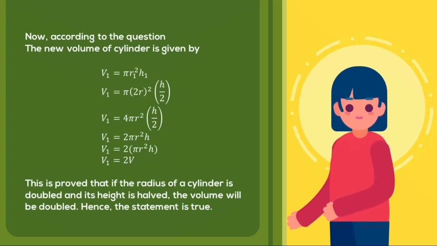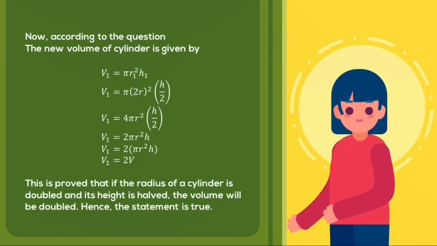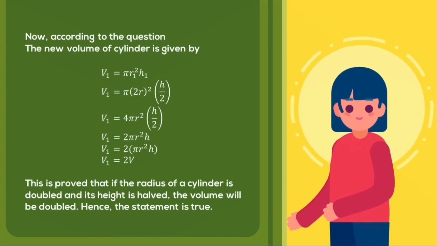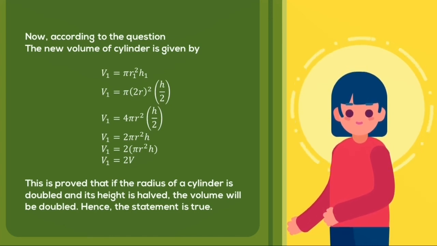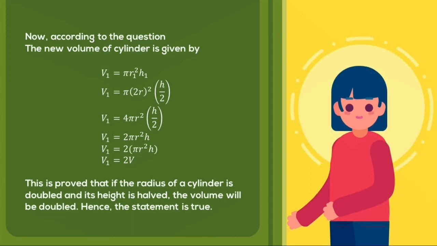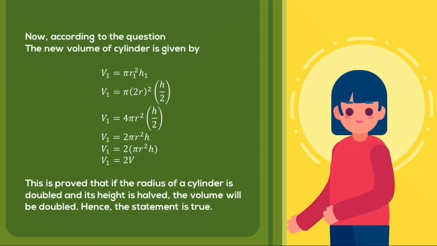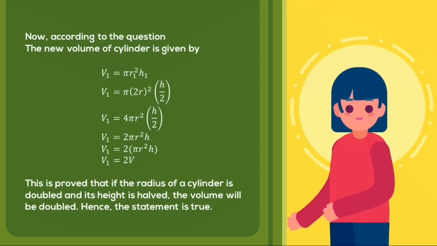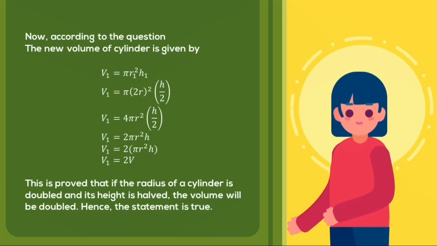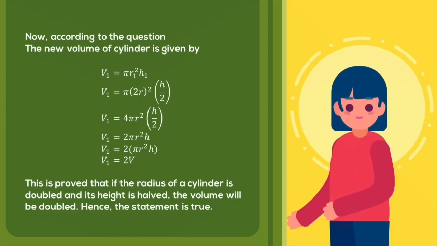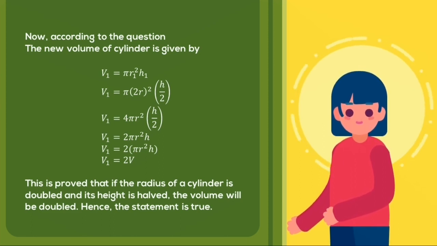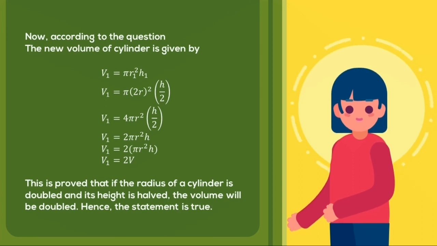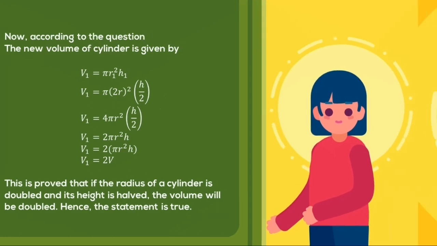And by doing some calculation, we obtain that the volume is 2 times pi r squared times h. And we know that pi times r squared times h is the original volume. So V1 is equal to 2V. And this is proof that if the radius of a cylinder is doubled and the height is halved, the volume will be doubled. Hence, the statement is also true.